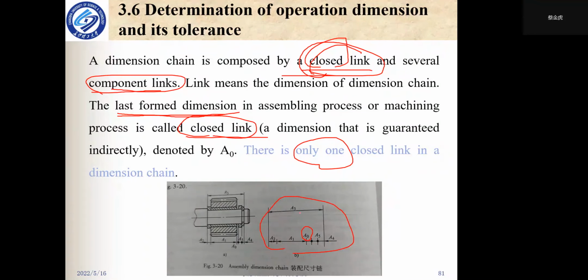It can be calculated by A3 minus A2, A1, A5, and A4, and then A0 comes out naturally, which means it is the last formed dimension in the assembly process or machining process, called the closed link. As shown in this figure, there is only one A0, which means there is only one closed link in the dimension chain.